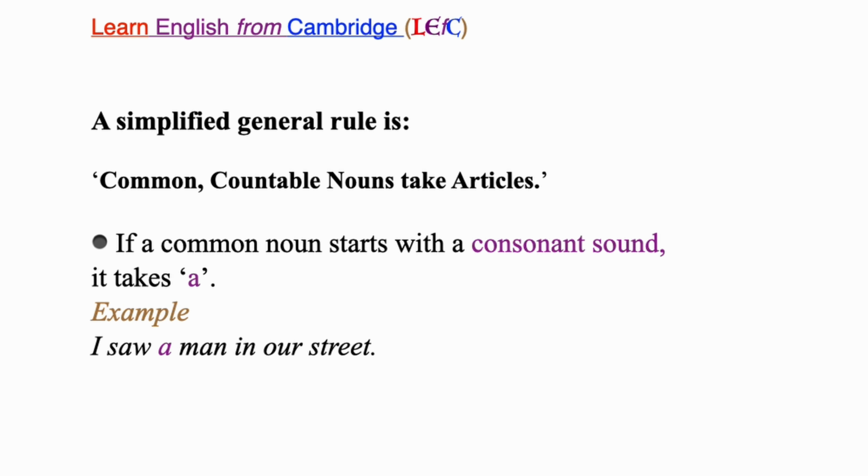We saw an elephant in the zoo. So these nouns, egg and elephant, start with vowel sound. So that's why they take an: an egg, an elephant.